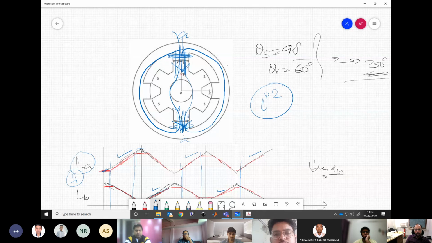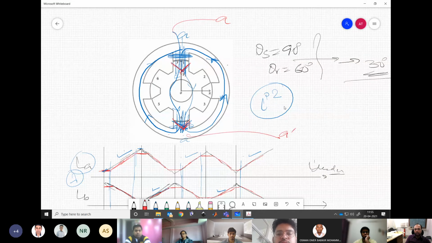So a typical flux line could be like this. Understanding my point? If this coil is giving flux in this direction, this coil will make flux in this direction. So these two will be in series. If you have two terminals, let us say A and A dash, and you give a current pulse I, you need not worry what direction the current is flowing if you have maintained this.